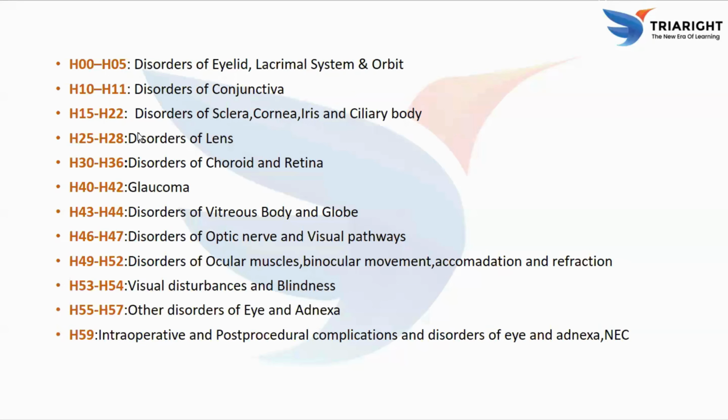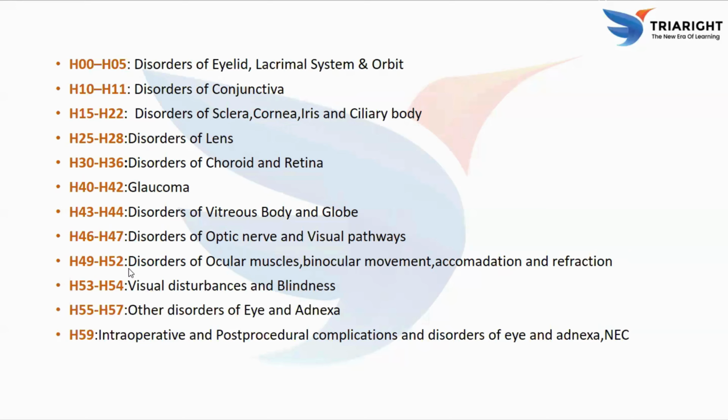H25 to H28 includes disorders of the lens. H30 to H36 includes the disorders of choroid and retina. H40 to H42 includes glaucoma. H43 to H44 involves the disorders of the vitreous body and the globe. Whereas H46 to H47, disorders of optic nerve and visual pathways.